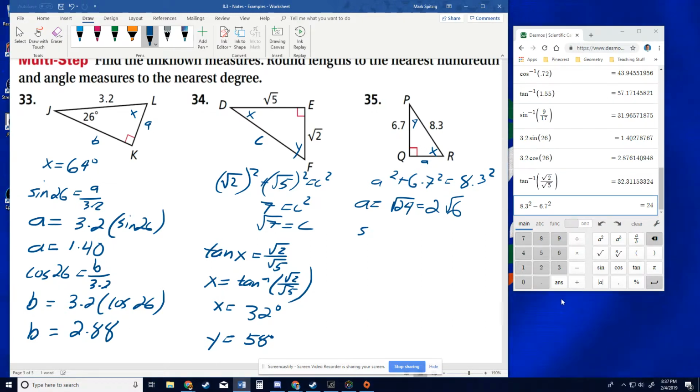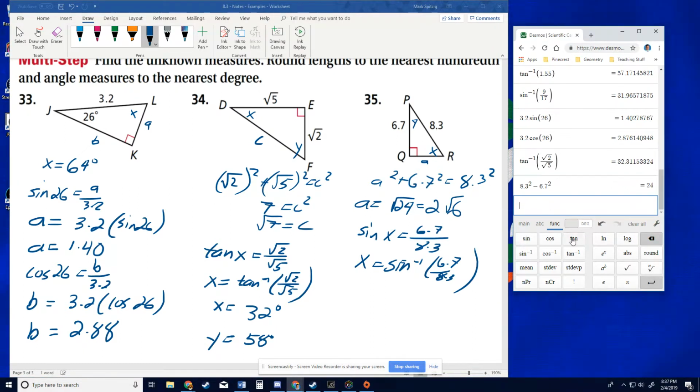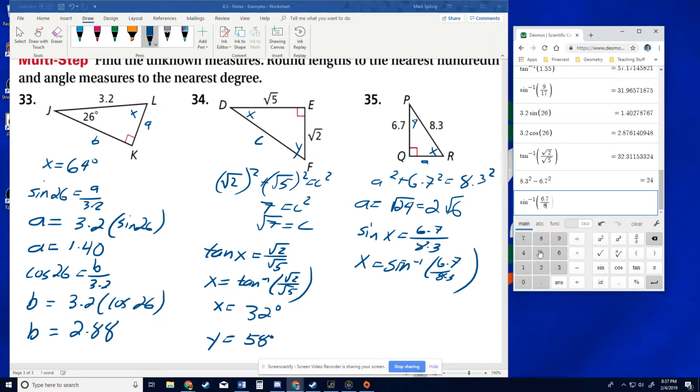I can actually use sine. So we know sine of this angle is going to be the opposite, 6.7, over the hypotenuse, 8.3. And so we know x is the inverse sine of 6.7 over 8.3. And so we'll put that in: inverse sine of 6.7 over 8.3.